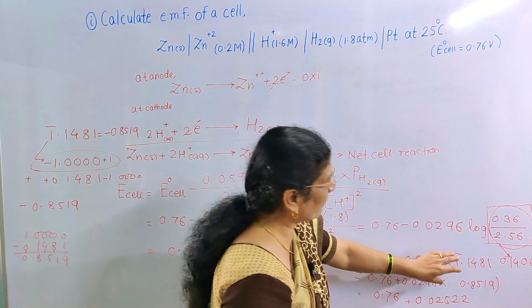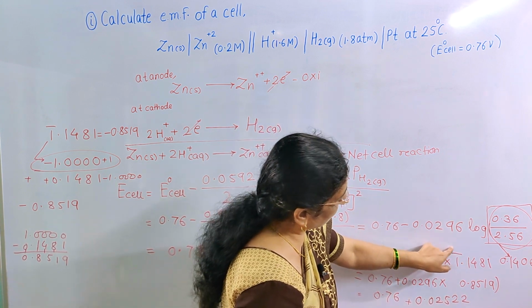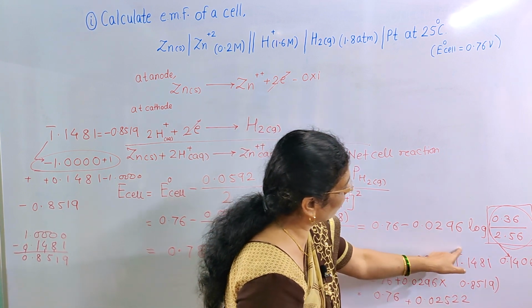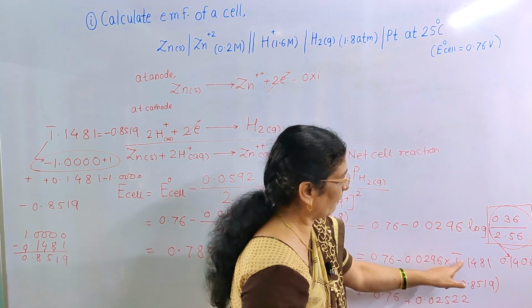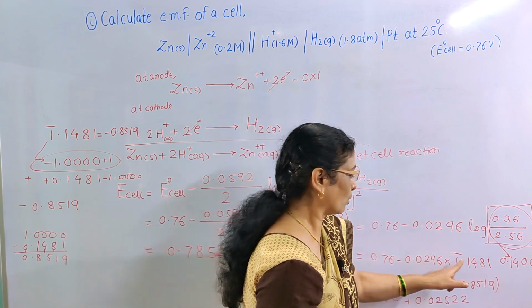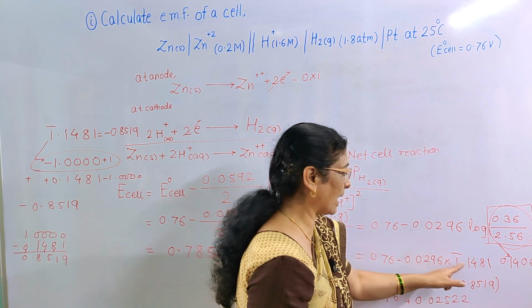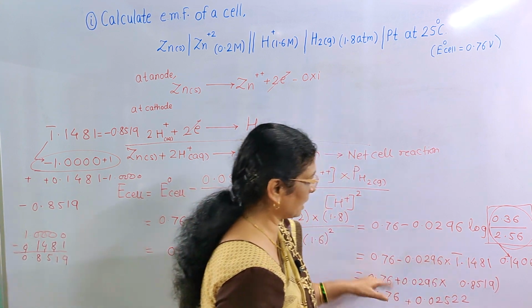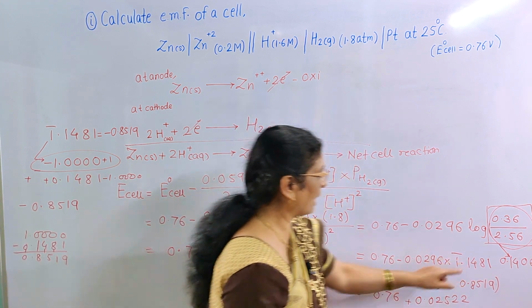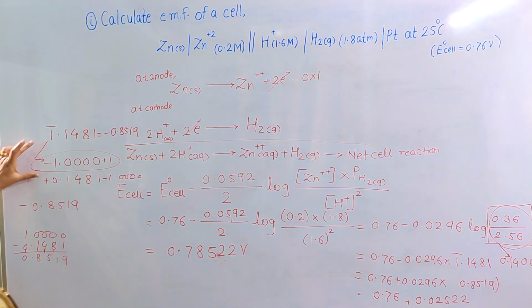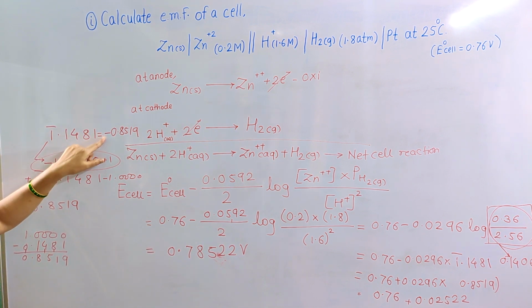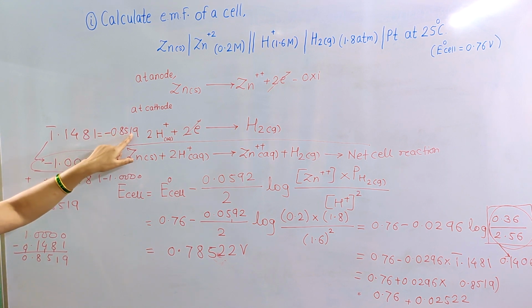The log of this value is in terms of bar. And remember, with bar, the negative sign is applicable only to the characteristic. Here the mantissa is positive, so you can't directly take this value as negative and do the calculations. For that, we turn this term into another form: bar 1.1481 is equal to minus 0.8519.